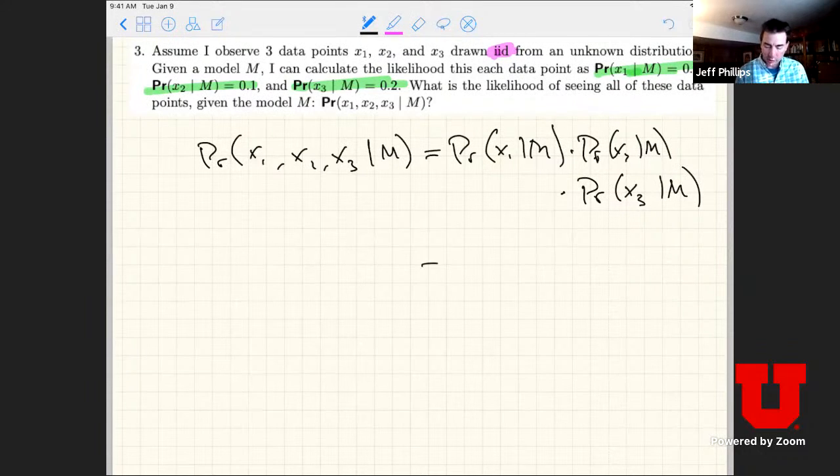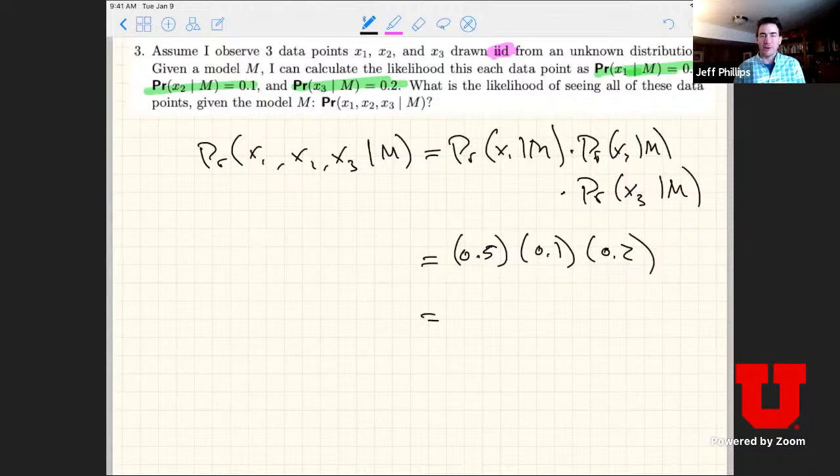And then I can just write these out: 0.5, 0.1, and 0.2. I can leave it in this form if I want to, or I can multiply them out, and hopefully I get it correct this time. It's going to be 0.01.